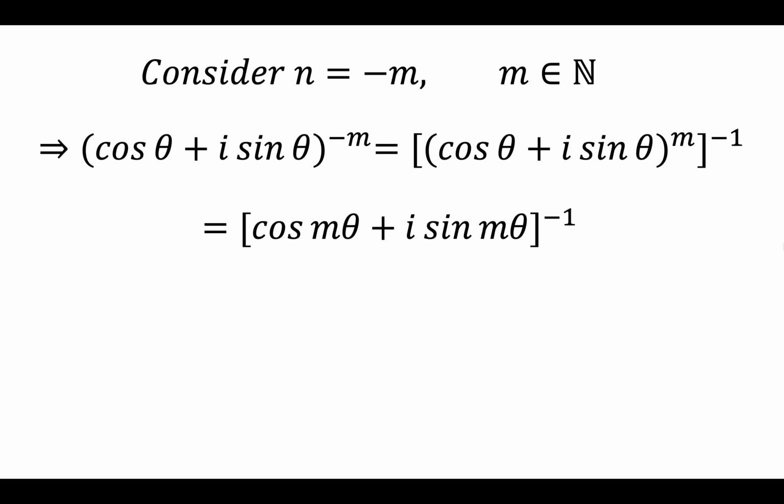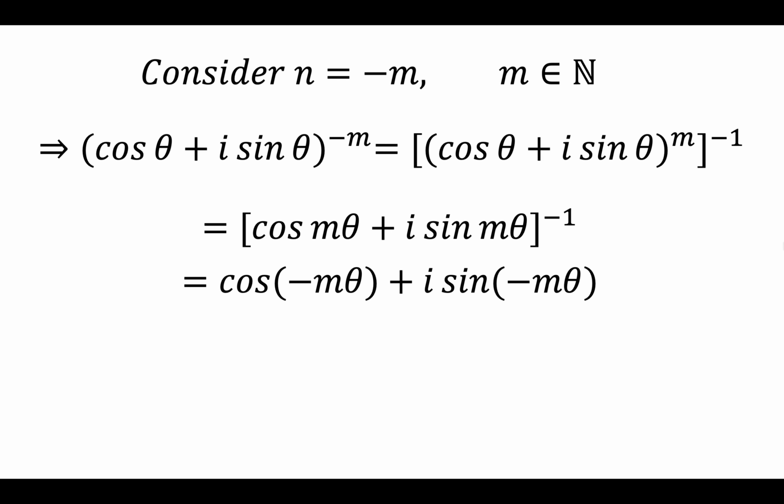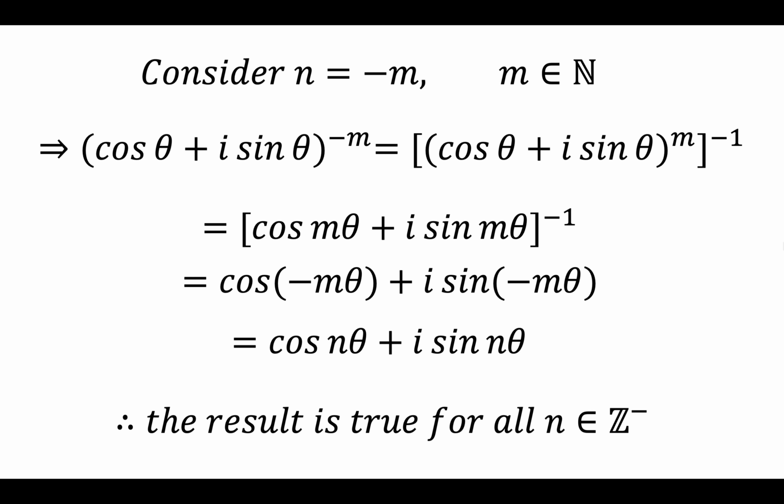And from our proof we just did for n equals minus 1, we can say that this is going to be equal to cos of minus m theta plus i sine of minus m theta. And as minus m is equal to n, this becomes cos of n theta plus i sine of n theta. Therefore, the result is true for all negative integers n.